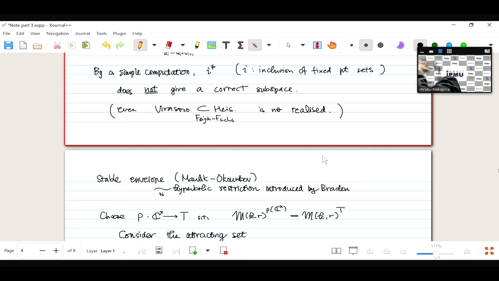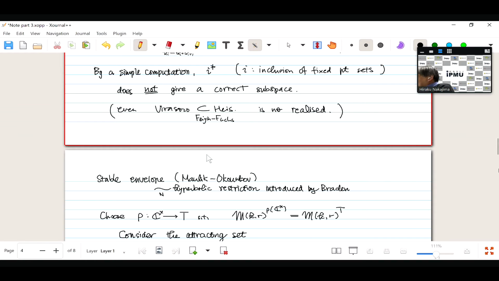So this is what Maulik and Okounkov introduced, called the stable envelope. So instead of the naive inclusion, you do something more sophisticated.